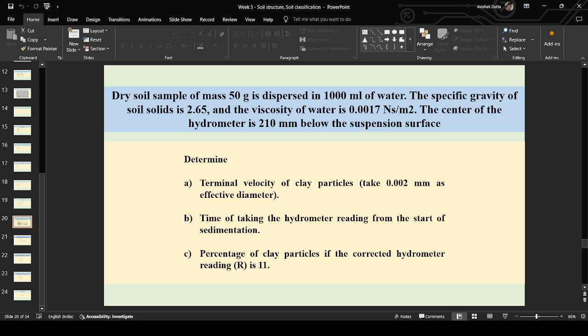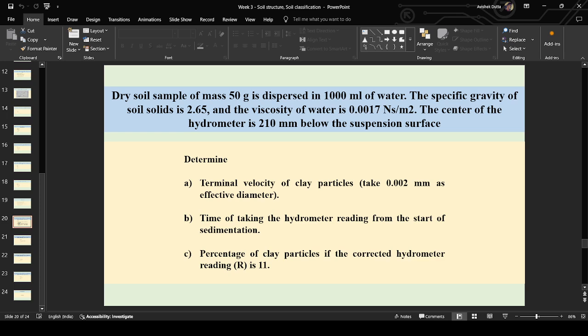So I'll repeat the question once. The dry soil of mass 50 gram is dispersed in 1000 ml of water. The specific gravity of soil solids is 2.65 and the viscosity of water is 0.0017 Newton second per meter square. The center of the hydrometer is 210 millimeter below the suspension surface.